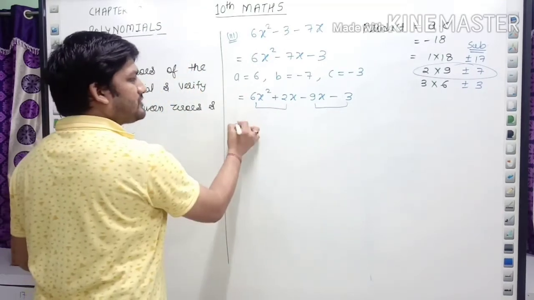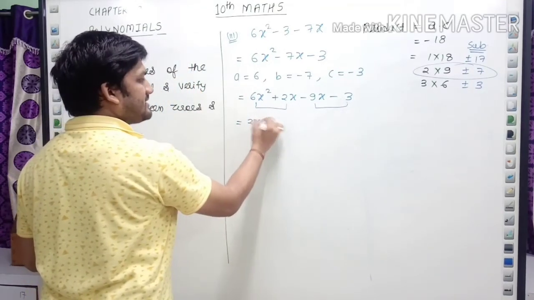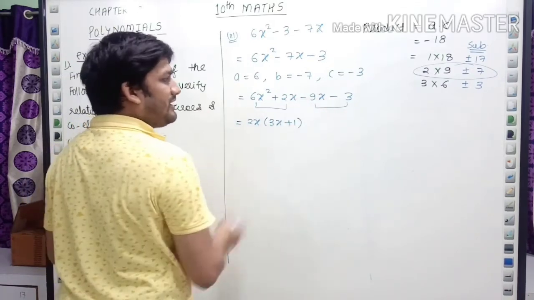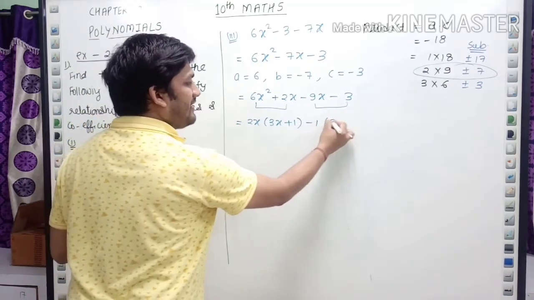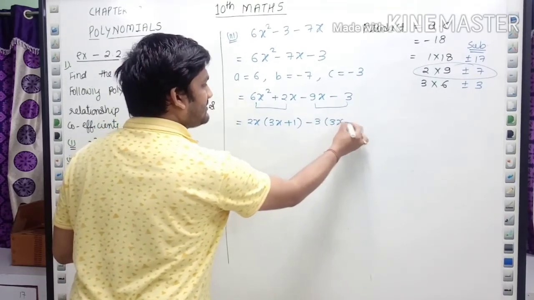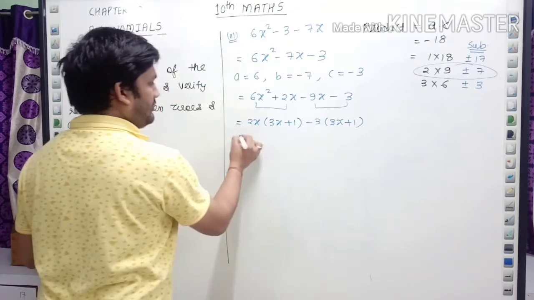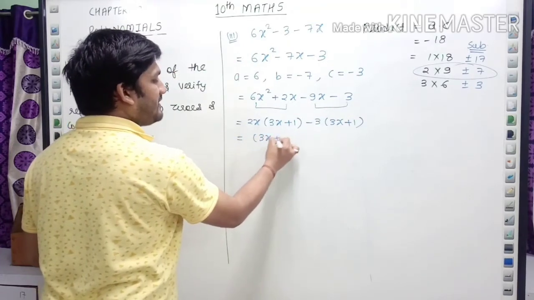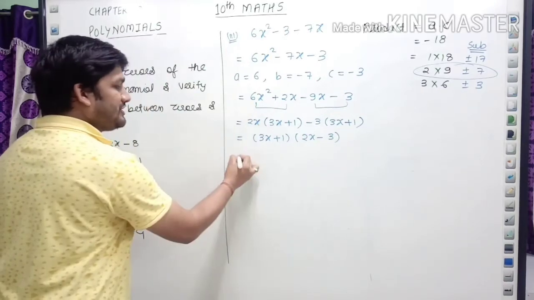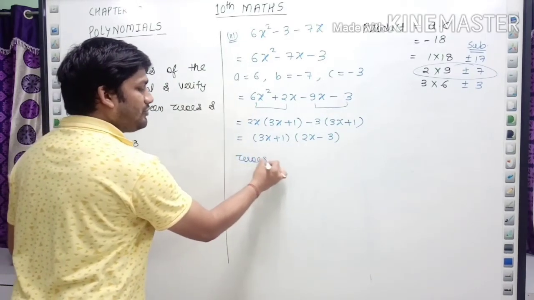What is common in the first two terms? 2x. Remaining is 3x plus 1. What is common in the last two terms? Minus 1. Sorry, minus 3. Remaining 3x plus 1. So it is 3x plus 1 into 2x minus 3. So what will the zeros be?